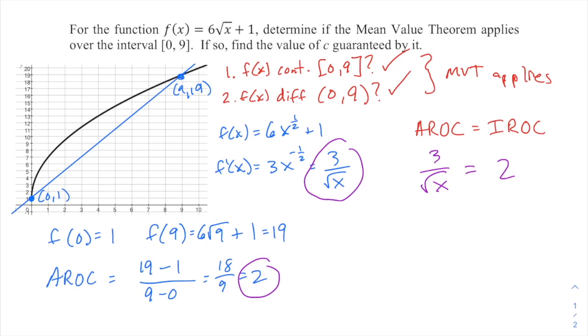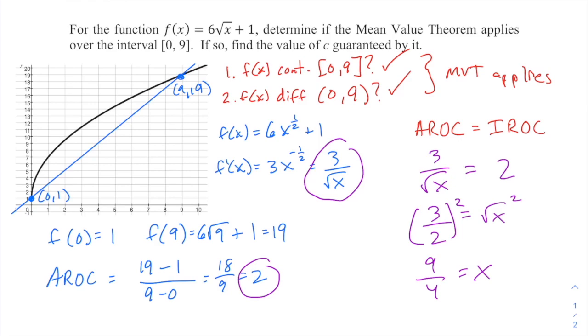So we set 3 over root x equal to 2, and we just solve this little algebra here. You can swap these, and 3 halves equals root x, square both sides, and you get x is equal to 9/4. And 9/4, or 2 1/4, is certainly within the interval.